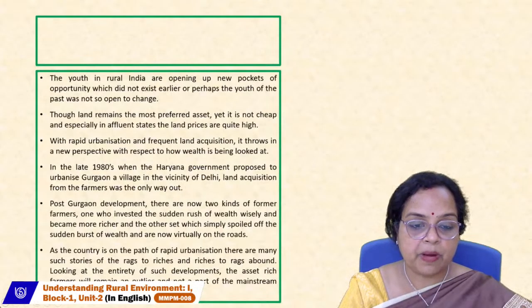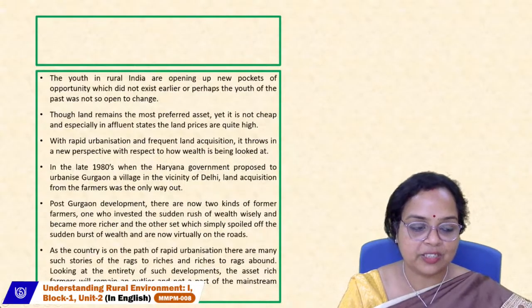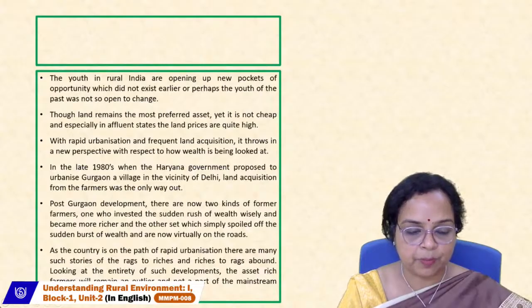As the country is on the path of rapid urbanization, there are many such stories of rags to riches and riches to rags, both ways. Somebody sold his land for urbanization, received a hefty amount, and utilized it for proper gain, and somebody has not done it.